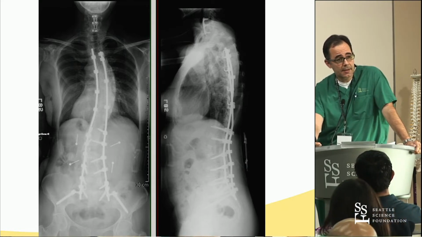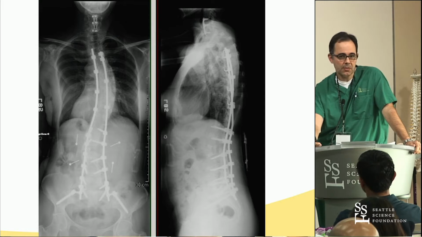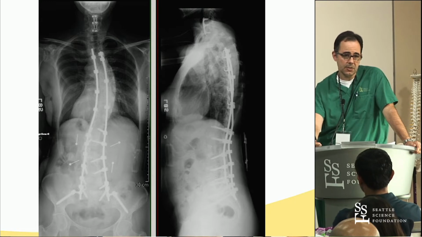I've been putting in SI joint screws for the last year and a half or so, and I would say it's maybe about 25% of my patients in whom I do a T10 to pelvis or T2 to pelvis, there's significant SI joint mediated pain, and the standard protocol for me would be to take out the iliac screw and see if that improves their condition.